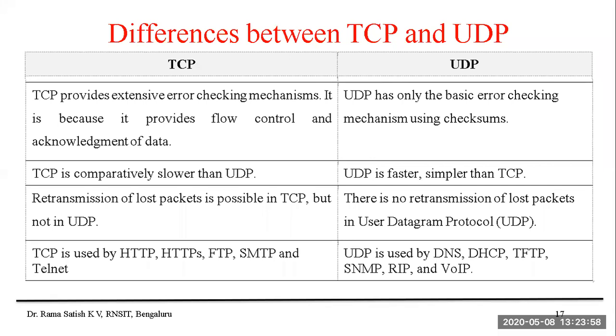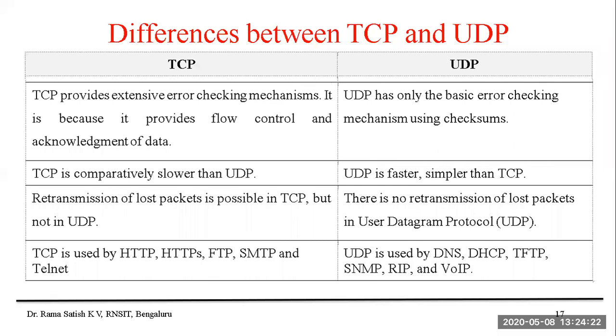Your DNS, DHCP, Dynamic Host Configuration Protocol, which we have discussed, that is sending of dynamic IP addresses to newly connected computers, is UDP. SNTP, RIP (Routing Information Protocol), voice over internet protocol, video over internet protocol.